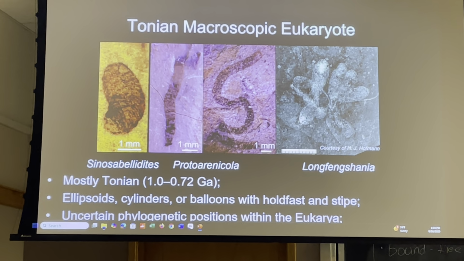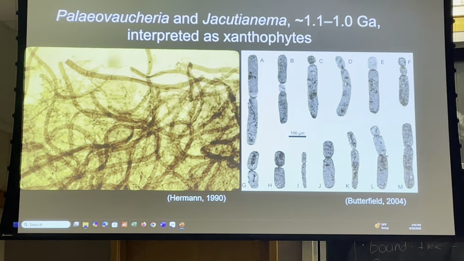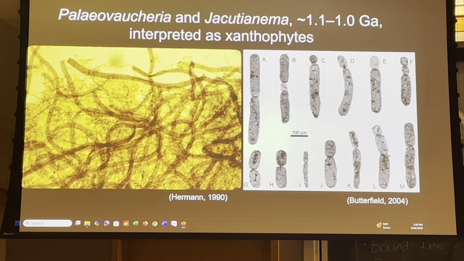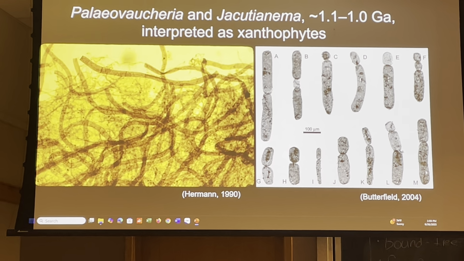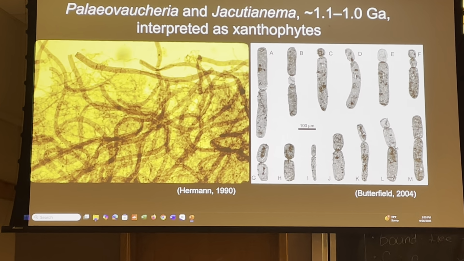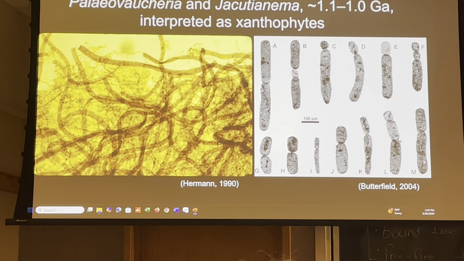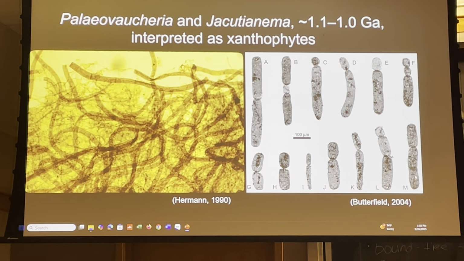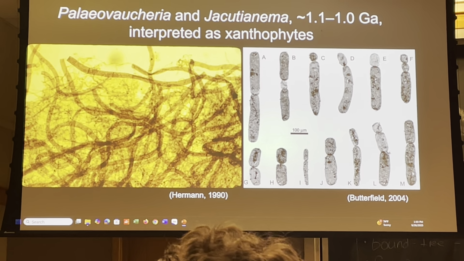If they're algae, what kind of algae, right? Green, brown, etc. But there are a handful of Proterozoic fossils, most of them going back to about 1 billion years ago, at the end of the Boring Billion, that can be confidently placed in the phylogenetic tree, at least on a large scale.